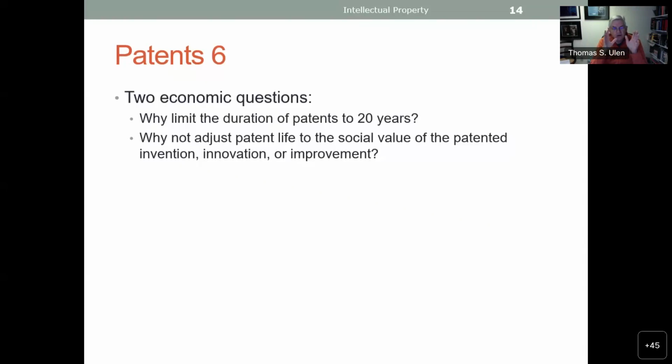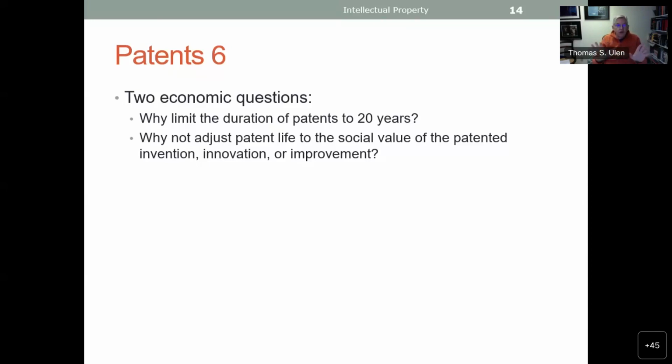So we give a property right in an innovation for a period of time as an encouragement to people to invest resources in developing something. The reward for them is this 20 years of exclusive ownership of the property. Why do we limit the time? Remember, it's an ex ante rule.